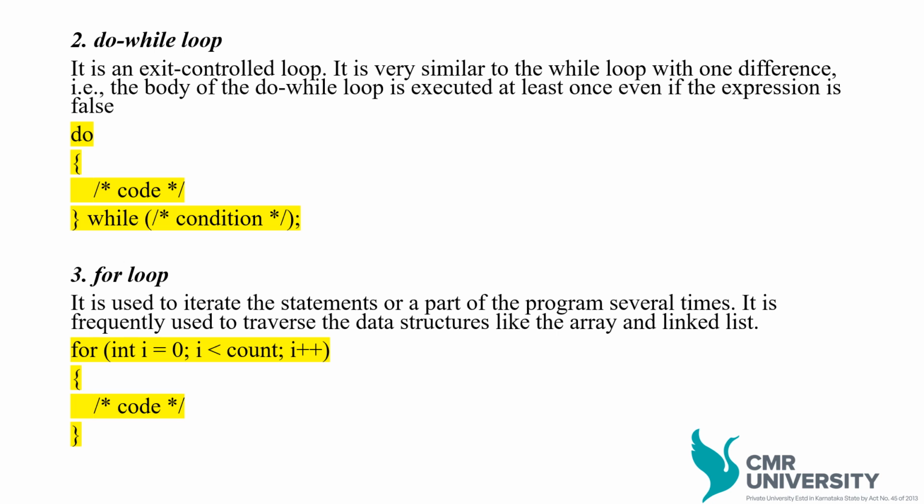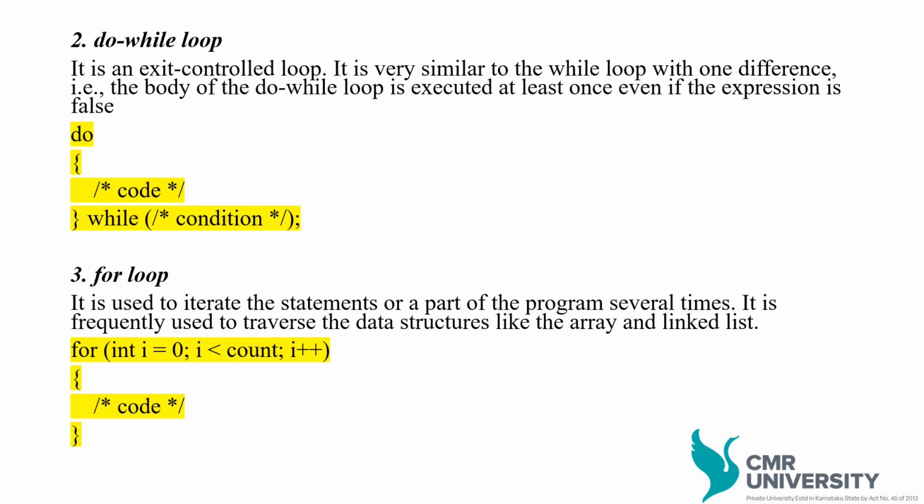And for loop, it is used to iterate the statements or a part of the program several times. It is frequently used to traverse data types like arrays and linked lists. The syntax of for loop is followed by int i equals 0, or we can use any variables.